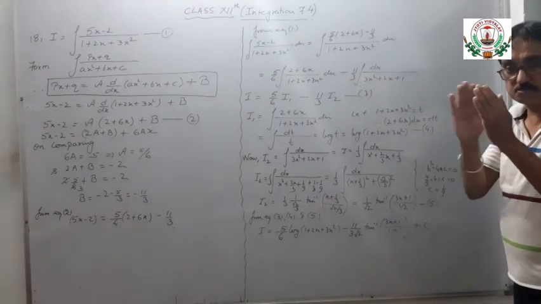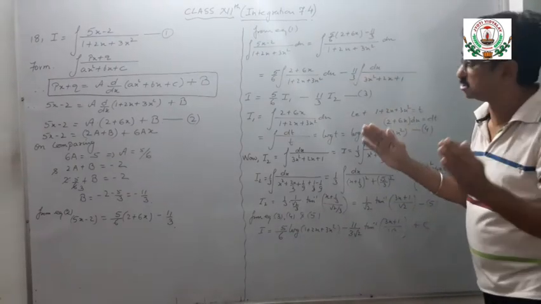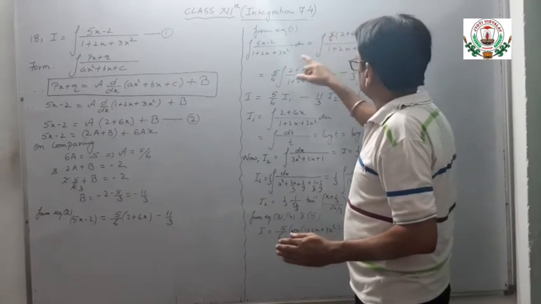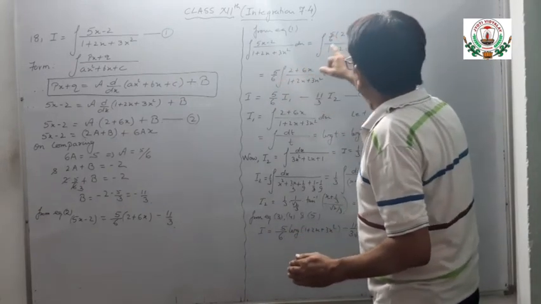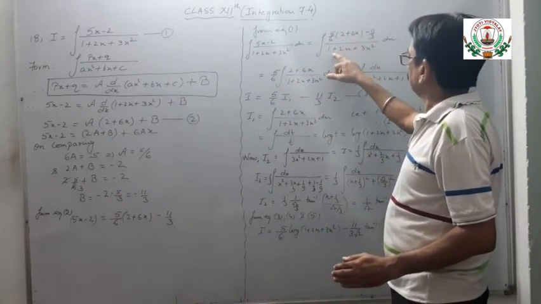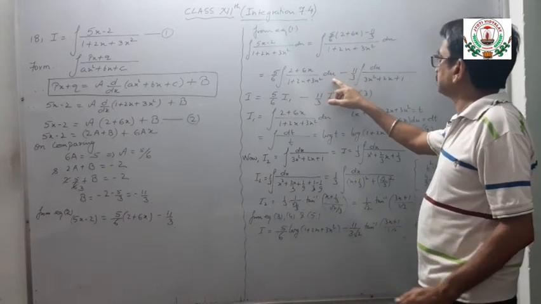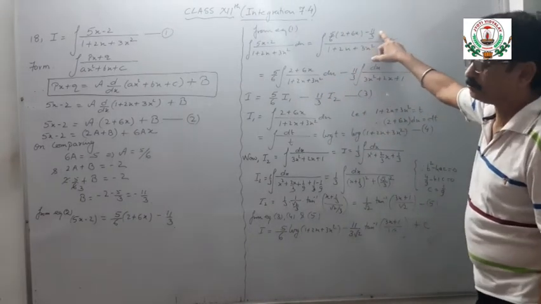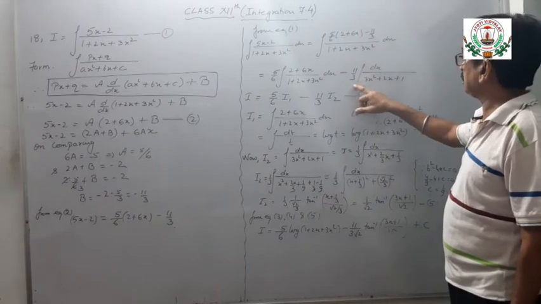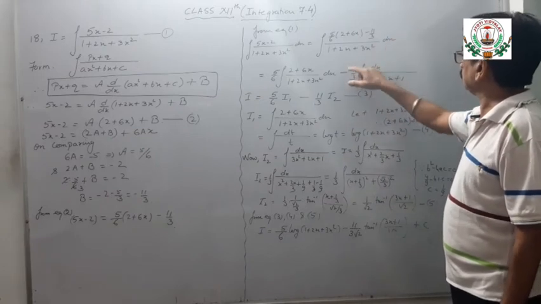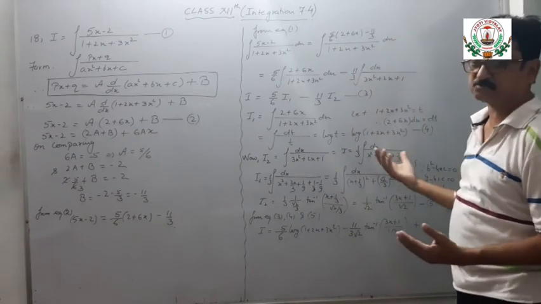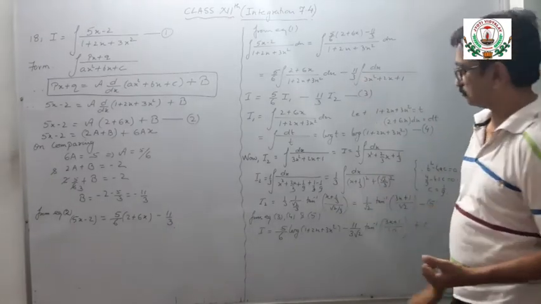Now you split it into two integrations. 5 upon 6 outside the integration, 2 plus 6x upon 1 plus 2x plus 3x square dx. Now the constant's turn, minus 11 by 3 outside the integration, integration dx upon 1 plus 3x square plus 2x plus 1, in the standard form we can write.